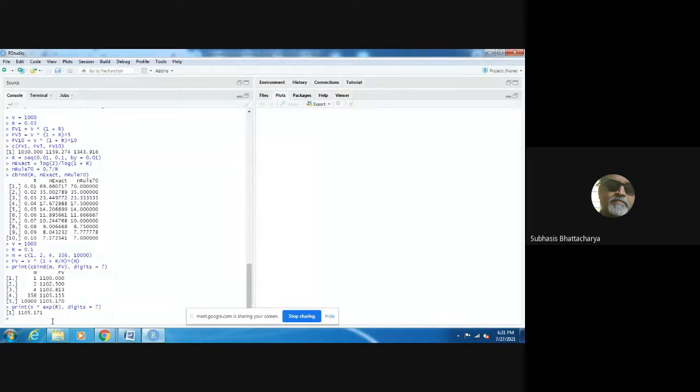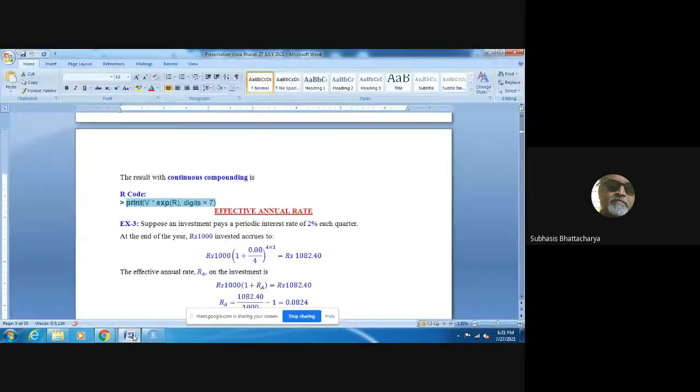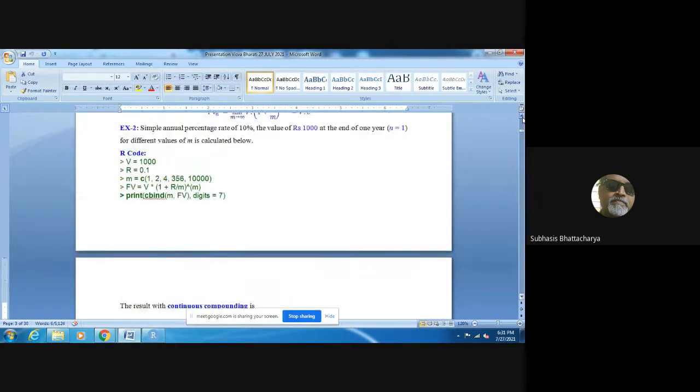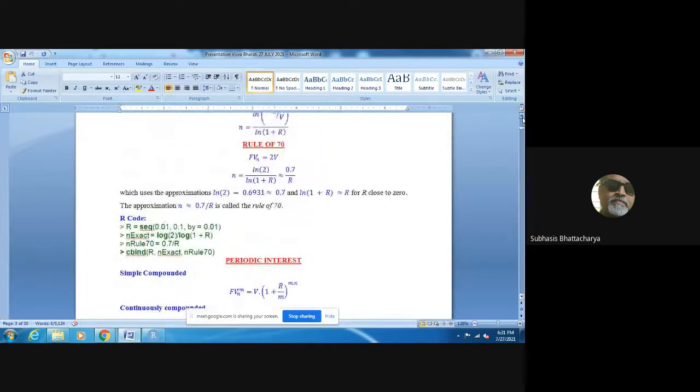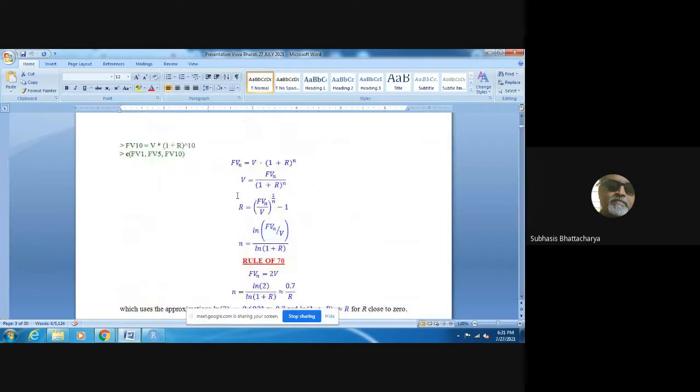So why am I taking 10,000? Look, these values are the discrete case. This is the continuous. So this is the difference, there is almost no difference if it is continuously compounded. I told you earlier, in this estimation there are 4 things, so if 3 are known to us, we can estimate any one.